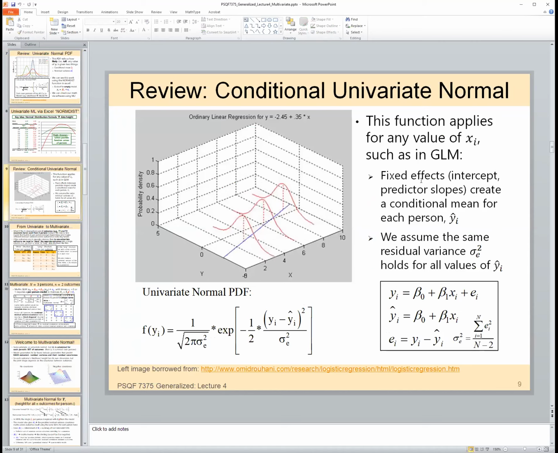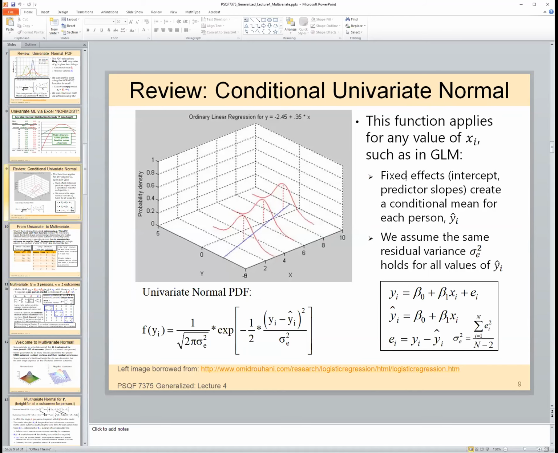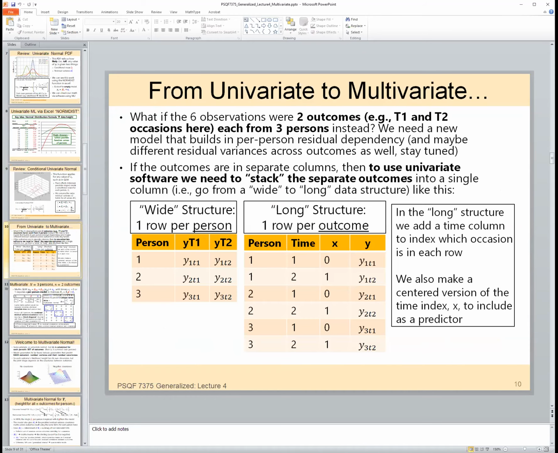This same idea applies in models that have predictors, not just empty models, and we assume that there's still only one residual variance that's needed, and that means that the model works equally well along all of the values of the predictors. Well, if we have more than one outcome per person, then we have to change the model to account for that, but we're going to cheat in order to use the same software and pretend like we still have one outcome.